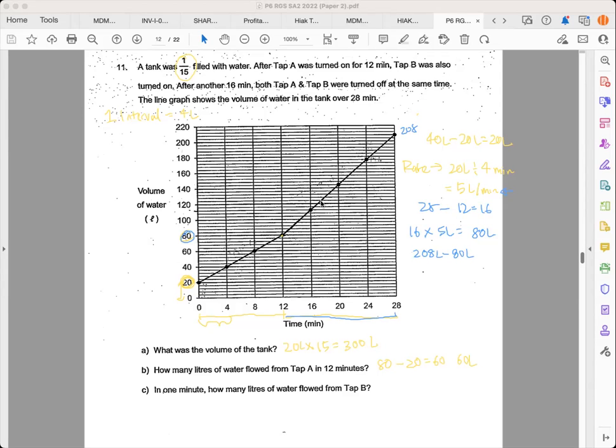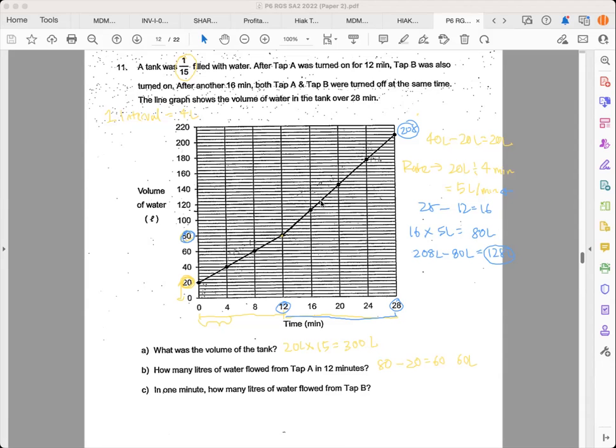The difference is 128 liters. So from 12 to 28, 128 liters of water flows from both taps during this period of time.